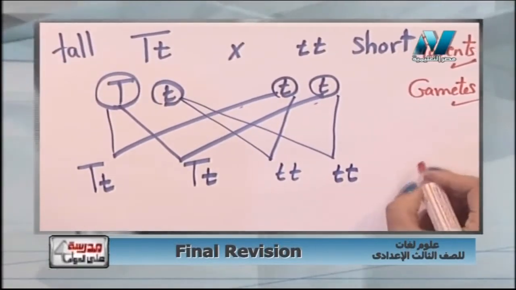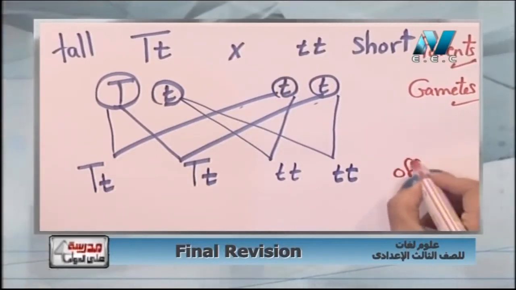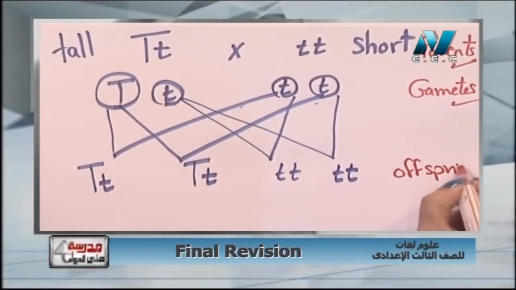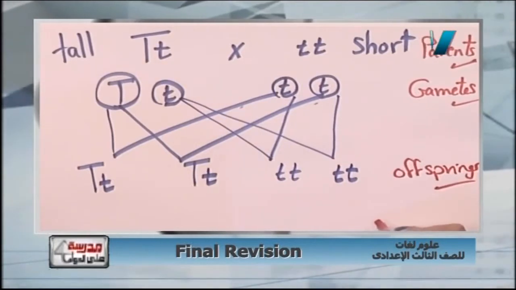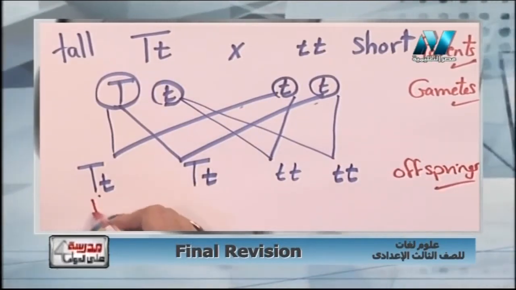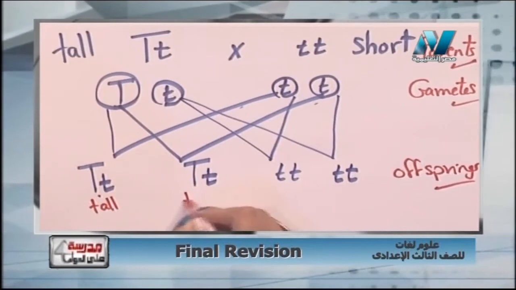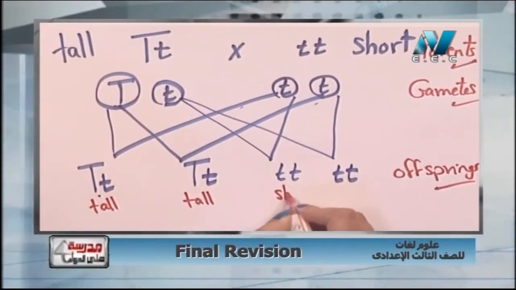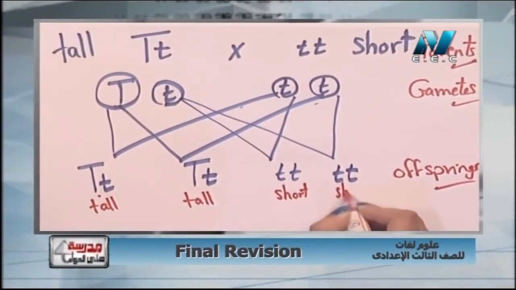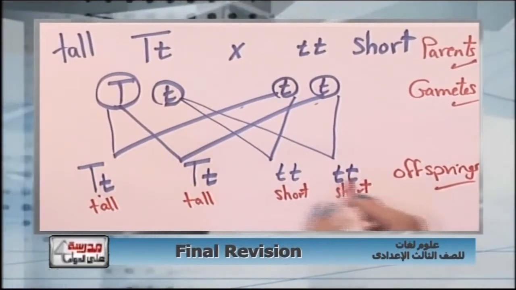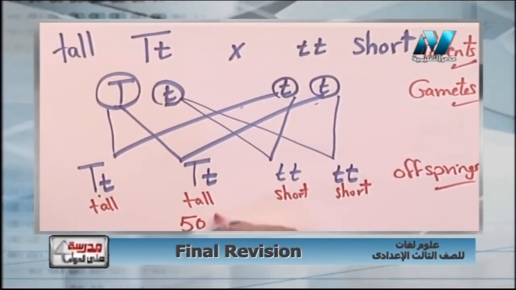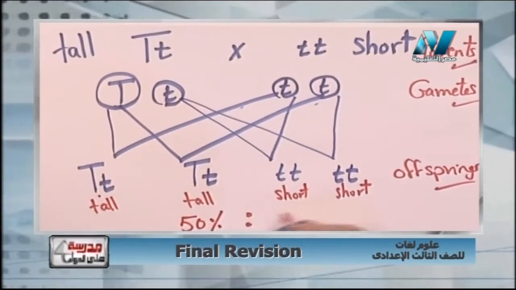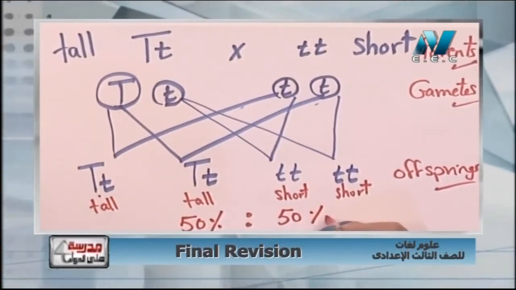This is the offspring or the generation. This plant will be tall hybrid, and short, so the percent will be 50% tall to 50% short.